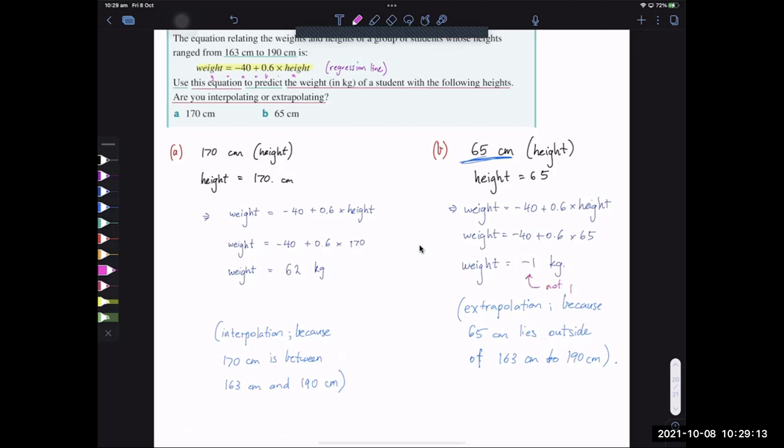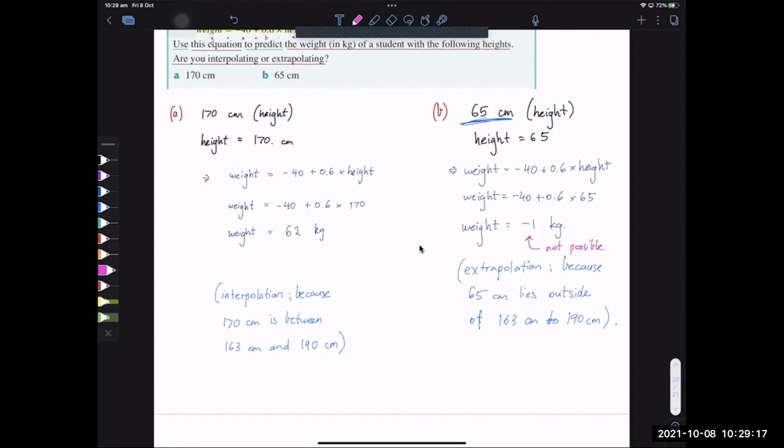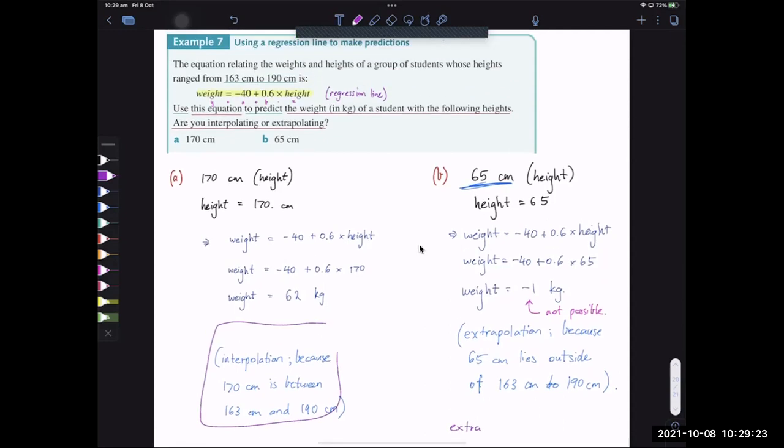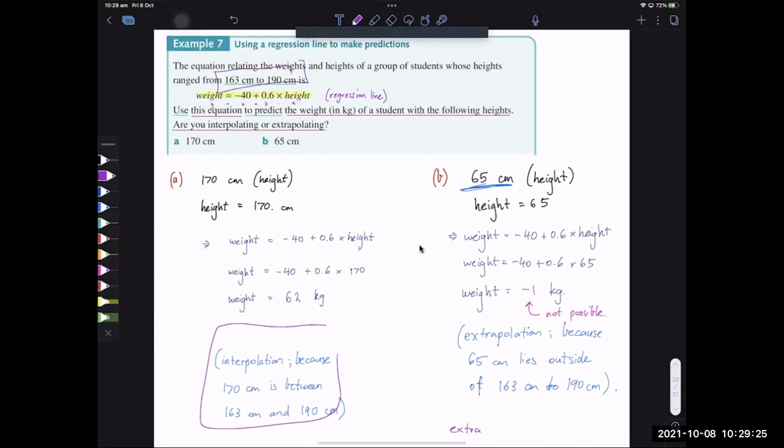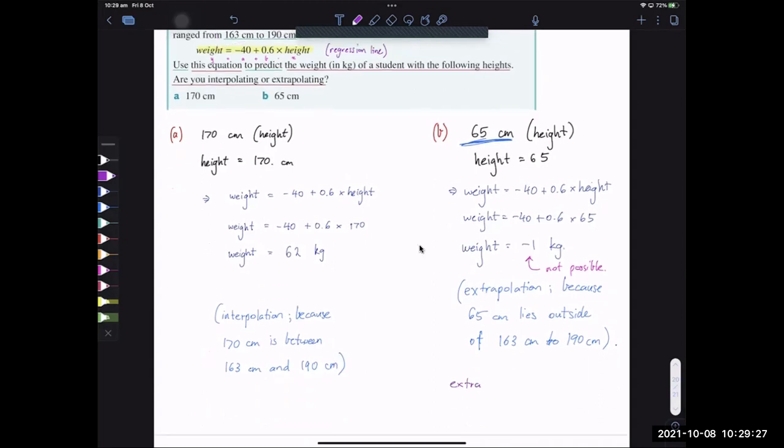No. So what can we say about extrapolation? It doesn't always work. But interpolation, because it's within the data, we know it's going to be safe. It's like a safe zone. So extrapolation might not always be reliable.